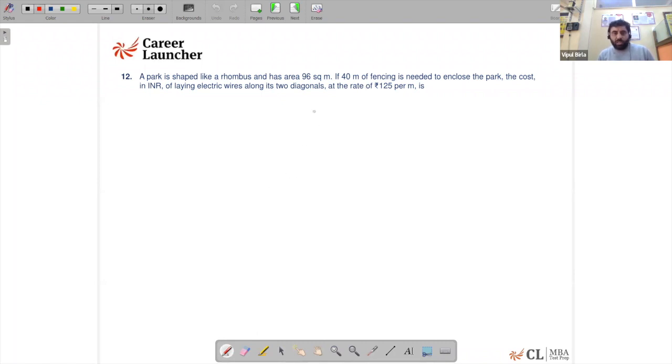So we know in the case of a rhombus, diagonals are perpendicular bisectors of each other. So let's make this rhombus. Assuming this figure to be a rhombus, one of the diagonals is this, and the other diagonal is this.